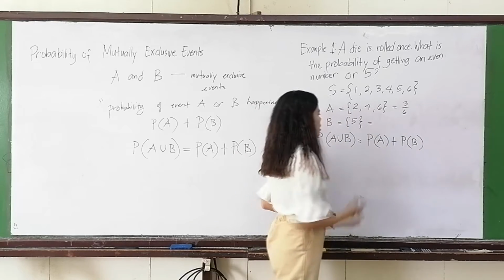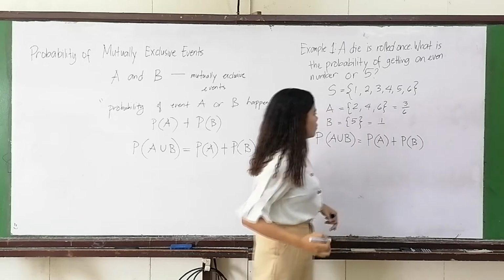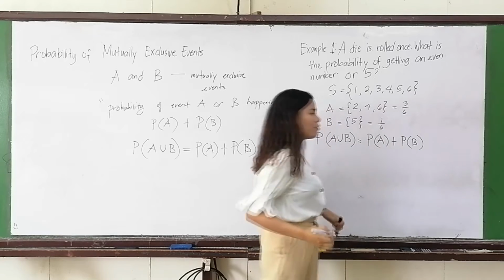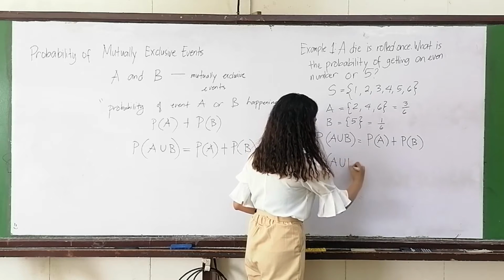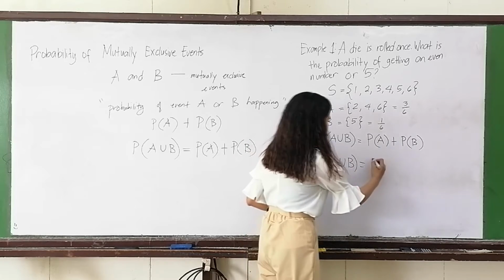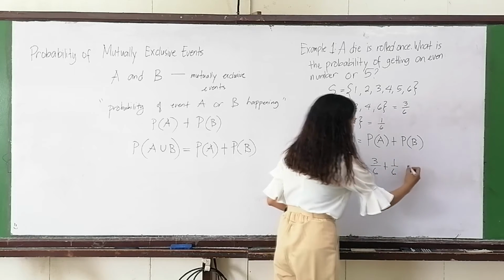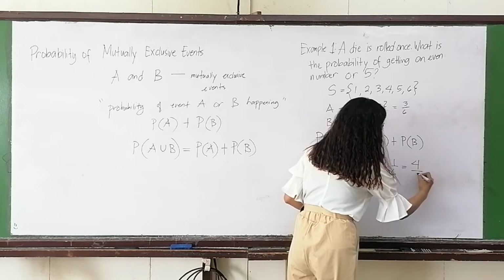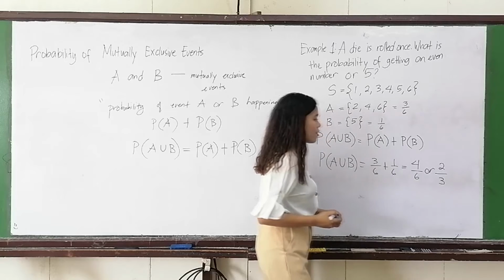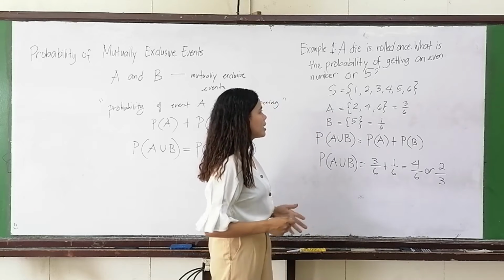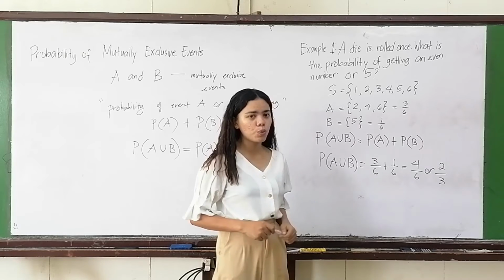For this one, there is only one outcome. So we have 1 over 6. So adding these 2, we have the probability of A union B is 3 over 6 plus 1 over 6 equal to 4 over 6, or 2/3. Therefore, the probability of getting an even number or a 5 in rolling a die once is 2/3.